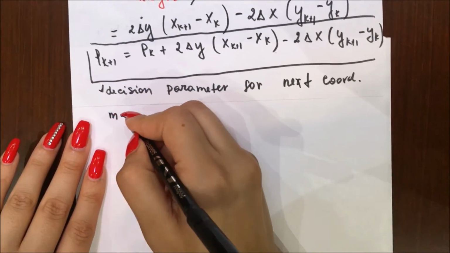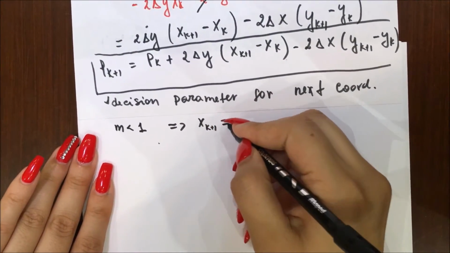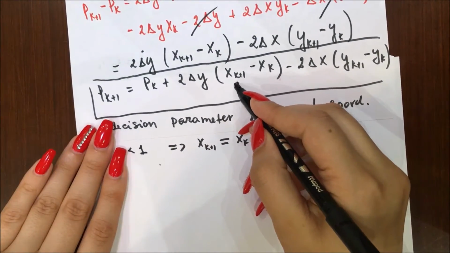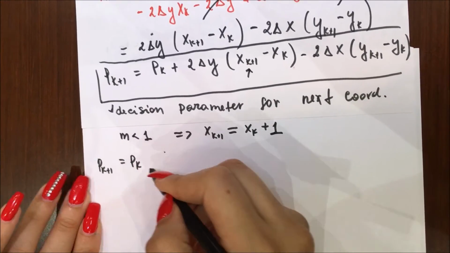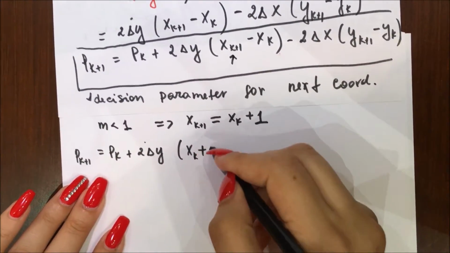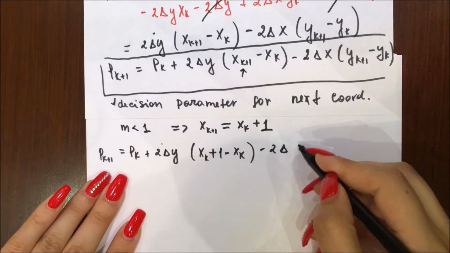We already know that when slope is less than 1, then xk plus 1 will be xk plus 1. The next coordinate of x will increase by 1. If we put the value of xk plus 1 in our general formula, we will get this new equation for pk plus 1.